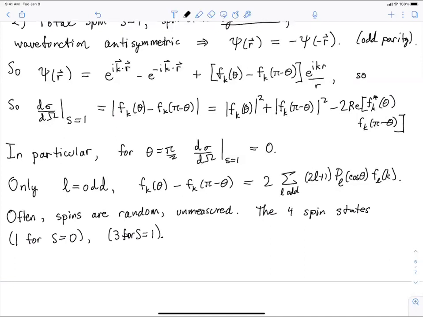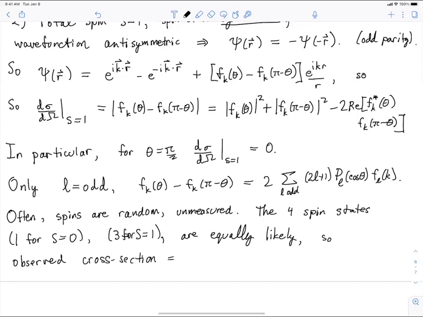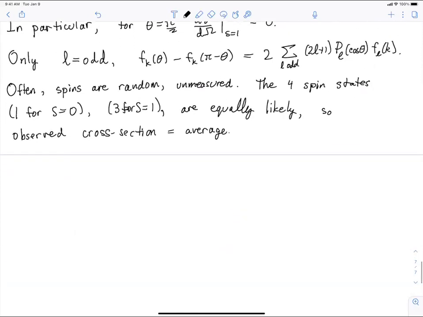Okay, and so they're equally likely if everything's random. So the observed differential cross section is the average. And so then I can write the differential cross section, and we usually use the word unpolarized.